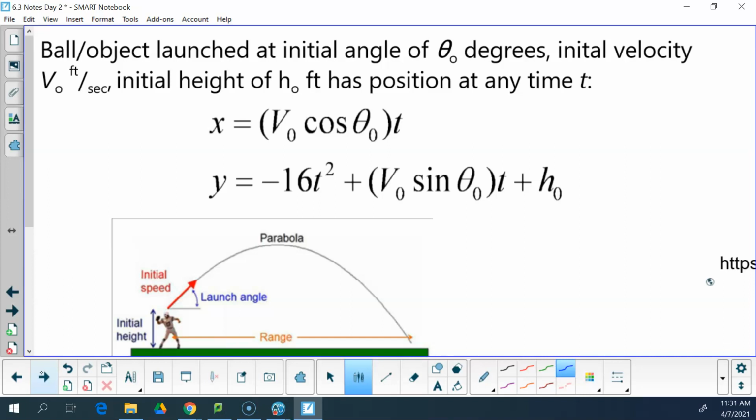And what we can do with that now is find the maximum height.